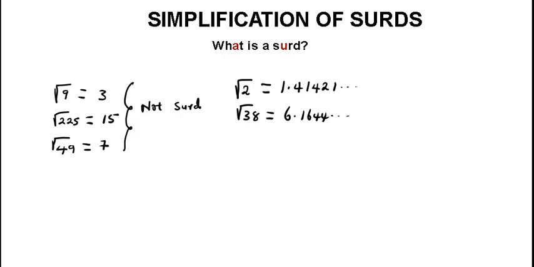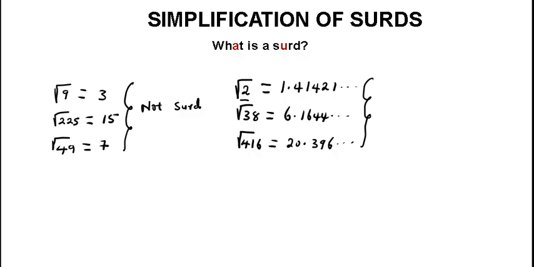We also take square root of 416, we are going to get 20.3, and the number continues. You can see in these examples that the answer came out as decimals. And the reason is because the number inside this square root is not a square number.